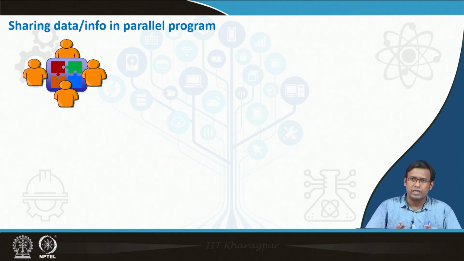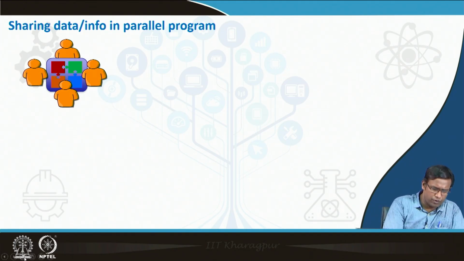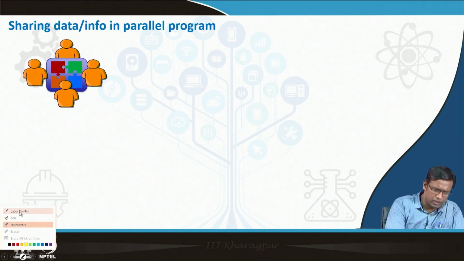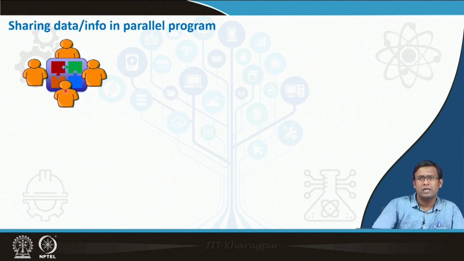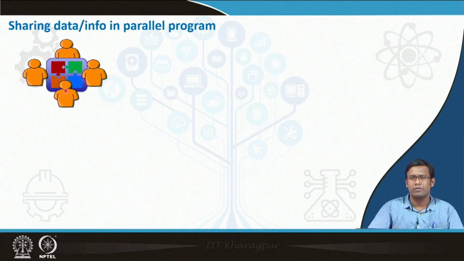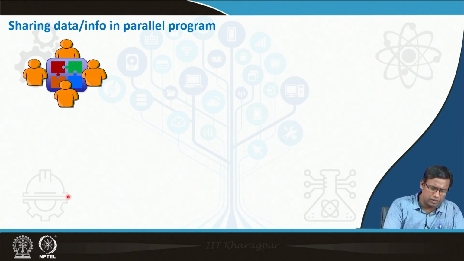Now, if we see shared memory, we have discussed it earlier also. There are a few concurrent instructions, and each processor is taking care of one. However, in shared memory, the entire data set is visible to all the processors, like 4 people sitting at a table who have to solve a puzzle together. So the concurrent parts they can take care of in parallel. This is a shared memory system.